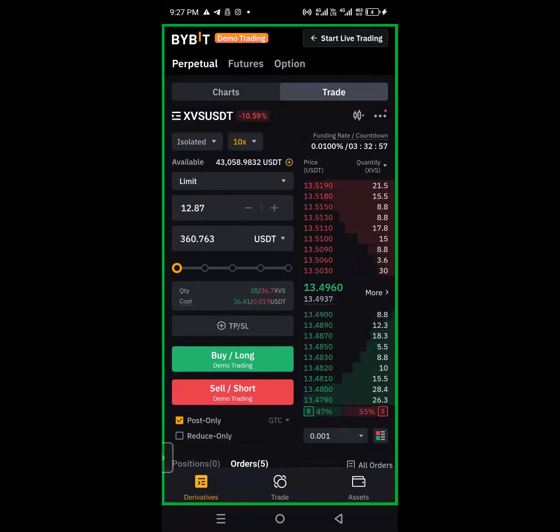Has it changed from 43,095 to 43,058? It has changed because that $36.41 has been removed from our available balance, isolated for this trade.